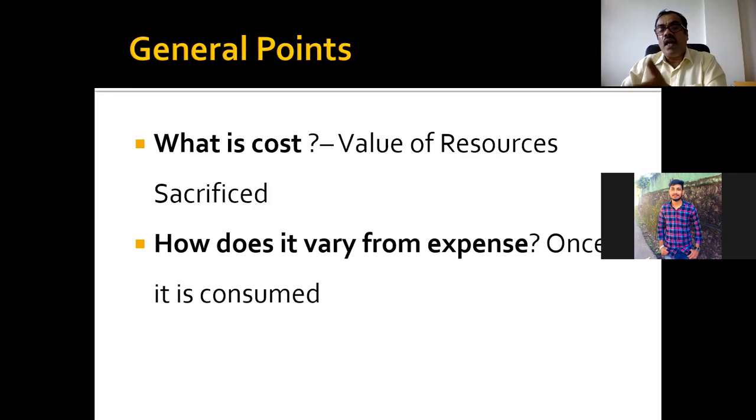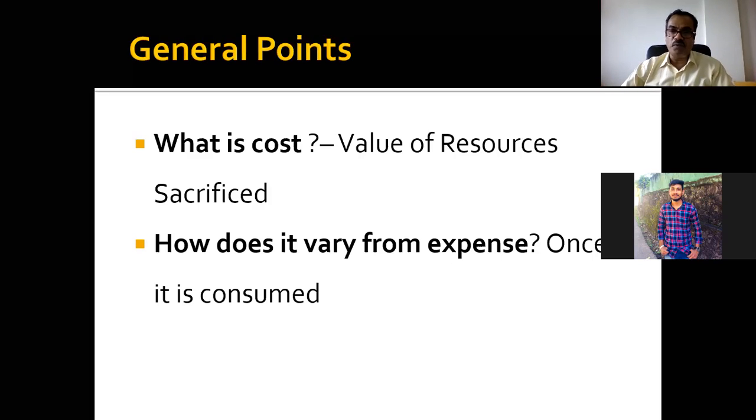But even after it is consumed as expense, you can still say that last week I produced bread, and my production cost was this much. Last week it was 5,000. Now the government imposed an additional tax, or salary was increased, so this week the cost of production of a loaf of bread has gone up to 51. So you can say the cost of production has changed.